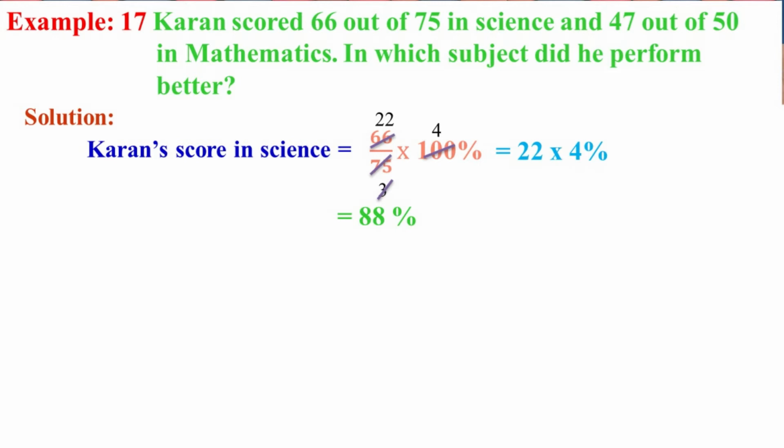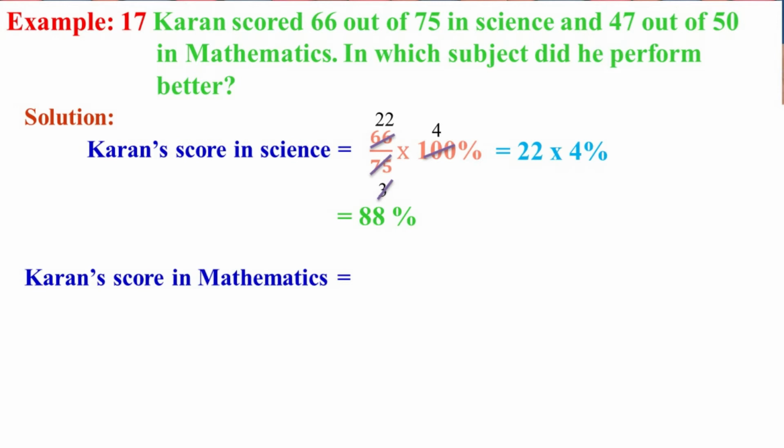Now next, mathematics. Let us find his score in mathematics as a percentage. What is the total here? 50, and he secured 47 out of 50. So 47 should be written in the numerator and 50 in the denominator.